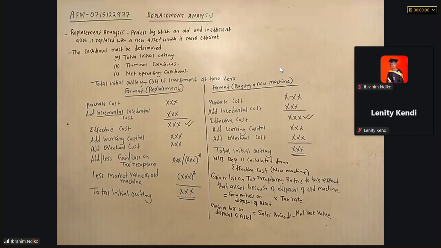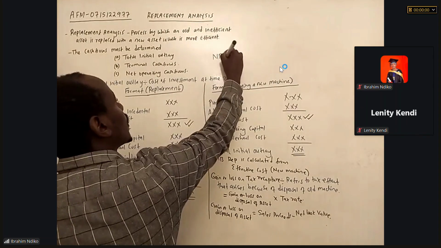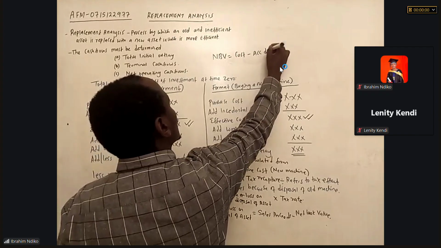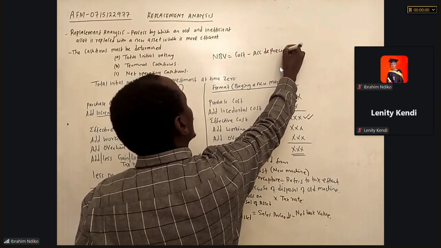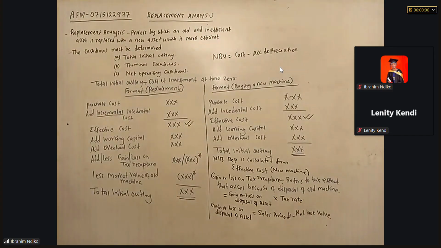And remember the formula for net book value? Net book value is equal to cost minus accumulated depreciation.